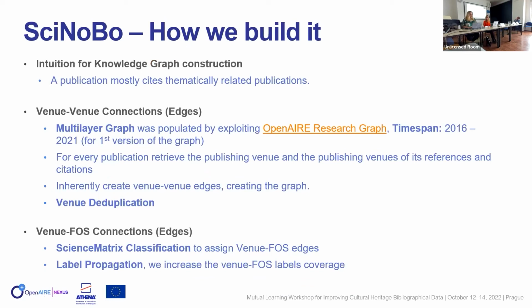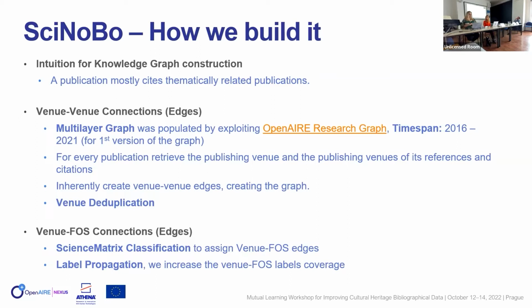So how do we build it? Basically, we construct a knowledge graph, which we use for the inference when we get a new publication. The intuition is that a publication mostly cites thematically related publications. So first we create venue-venue connections.